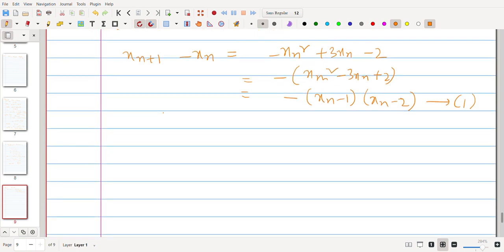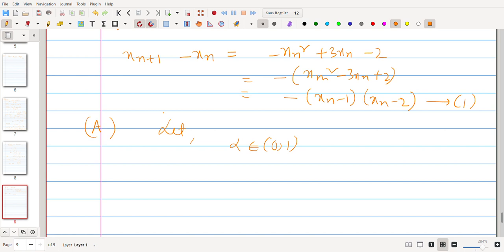Now I'm doing option A. Let alpha belong to (0, 1).